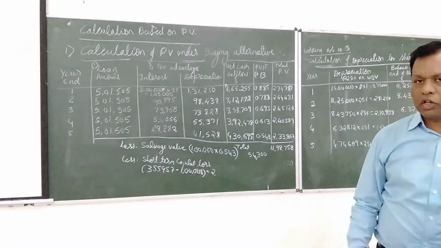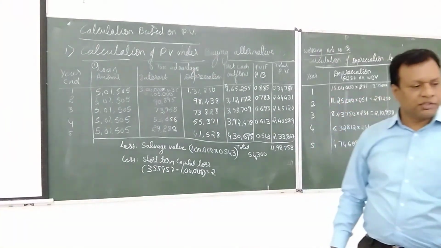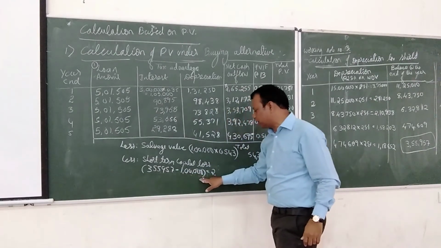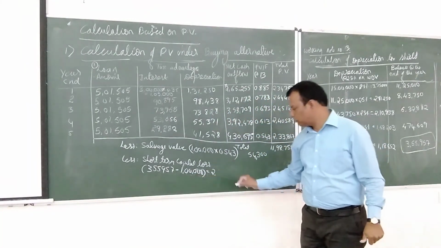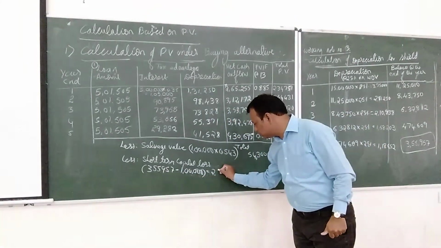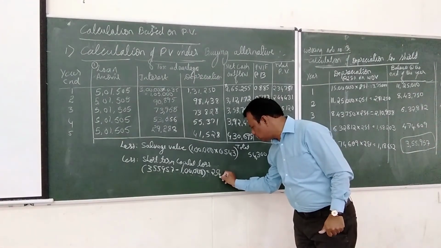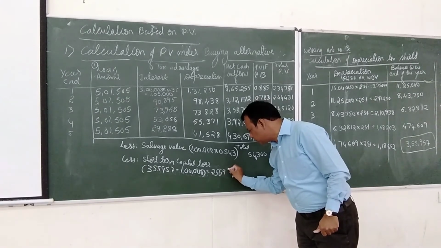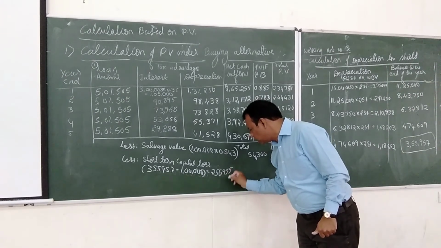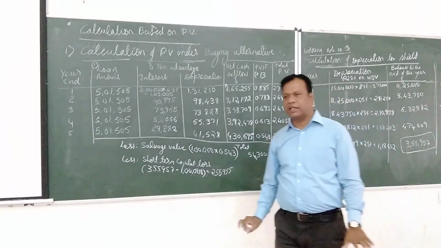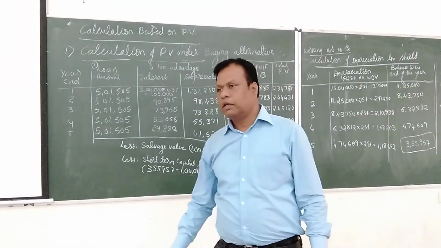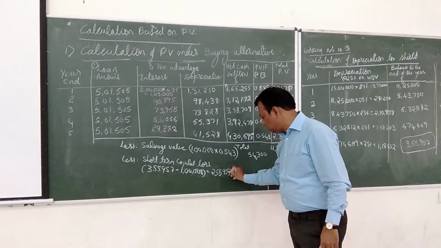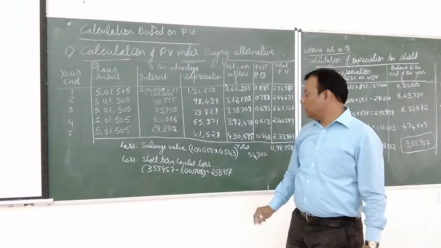So we incurred a loss. 3,55,957 minus 1 lakh, how much do you get? 2,55,957. This is the loss that we incurred.